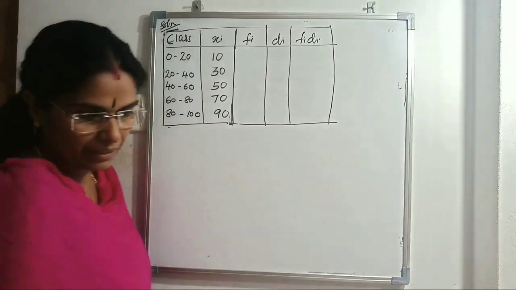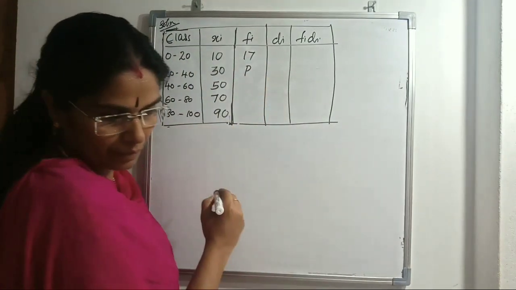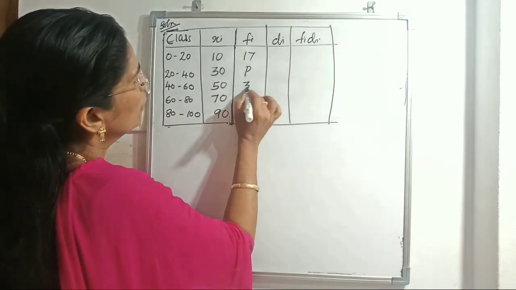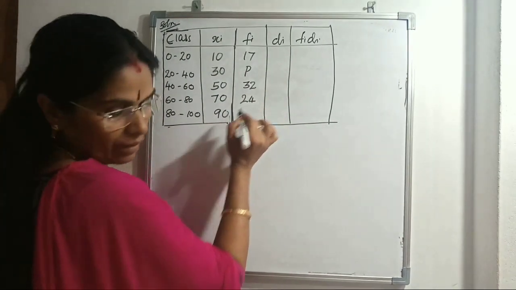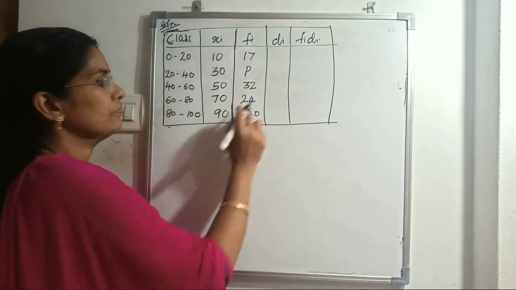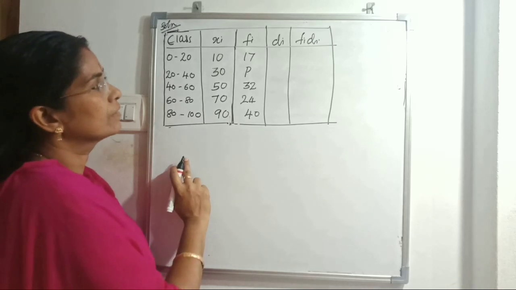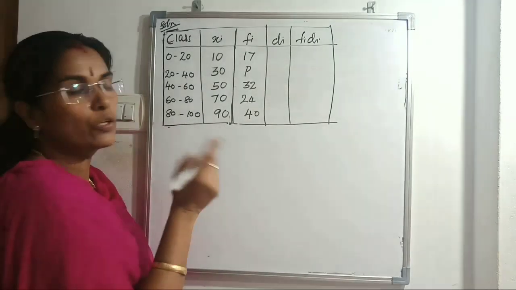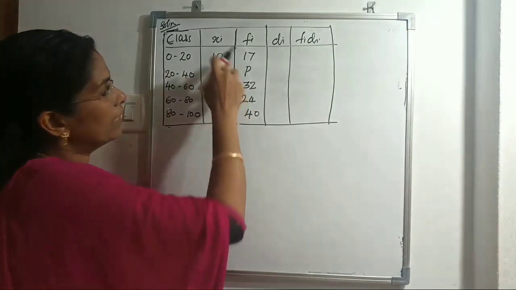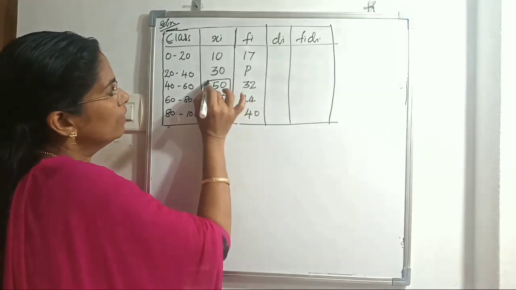Okay, fi it is given as 17, p and three more values are 32, 24 and 19. These are the fi. Okay, what is di? We have to assume one mean. Most probably we are taking it as the mid value. Here the mid value is 50.